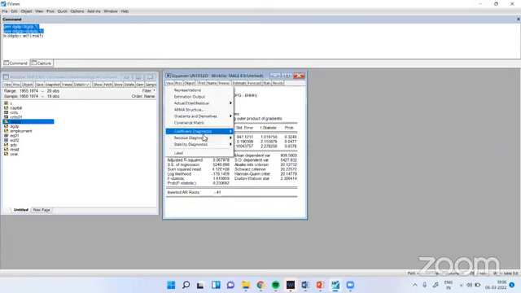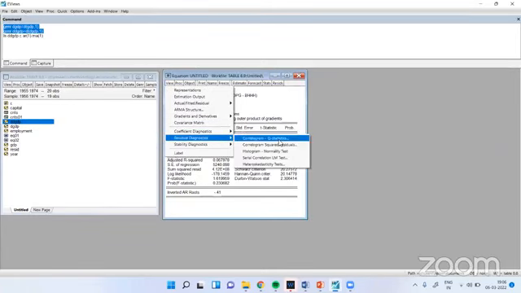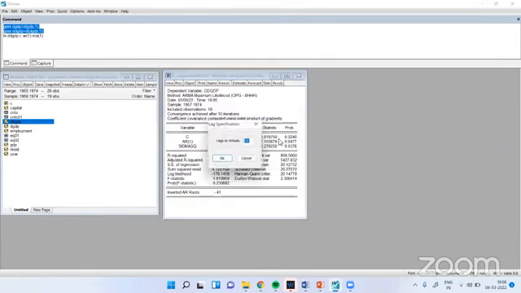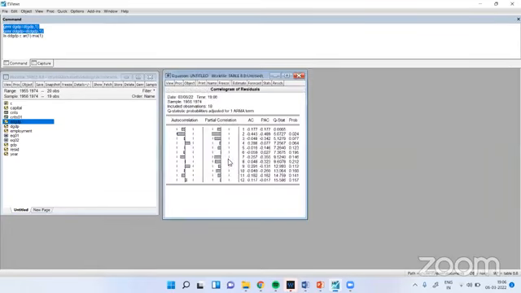View, correlogram Q-statistics. Lags to include 12. Click OK. Now these are the residual graphs of your model, and here none of the spikes should be significant. None of the spikes. Is it so?